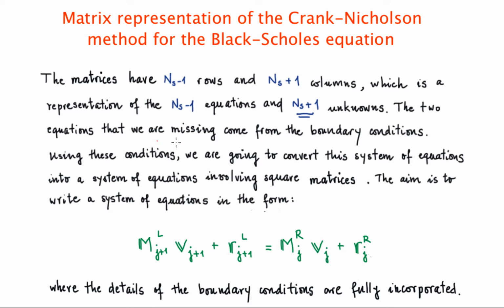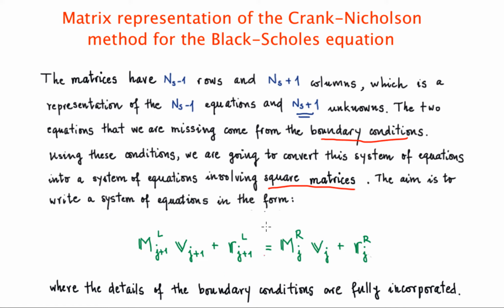The two equations that we're missing again come from the boundary conditions, and using these conditions we are going to convert this system of equations into a system involving square matrices. So the aim again is to transform the previous matrix representation into the following one.